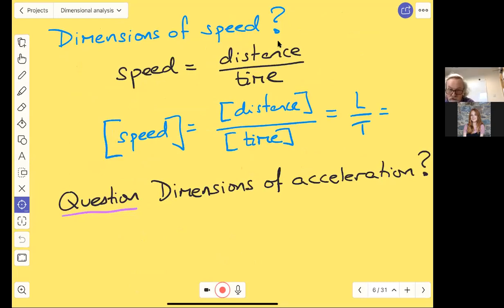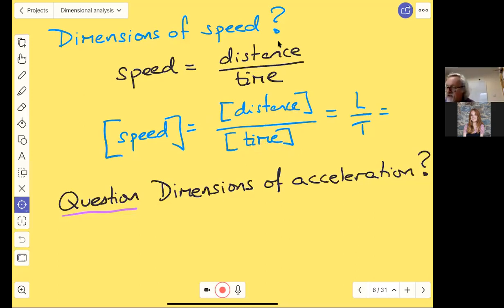So all we're going to be doing is using the basic maths of powers of indices. So speed is distance over time. So what type of structure is this? The dimensions of speed are going to be the dimensions of distance over time. And we can just break it up into the dimensions of the quantity in the numerator divided by the dimensions of the quantity in the denominator.